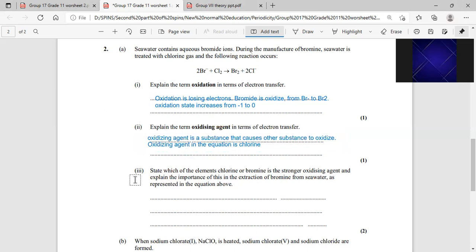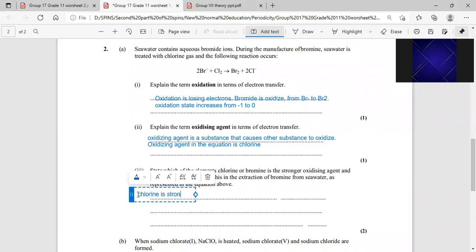State which of the elements, chlorine or bromine, is the stronger oxidizing agent, and explain the importance of this in the extraction of bromine from seawater as represented in the equation above. Which one is the stronger oxidizing agent? It is the chlorine.